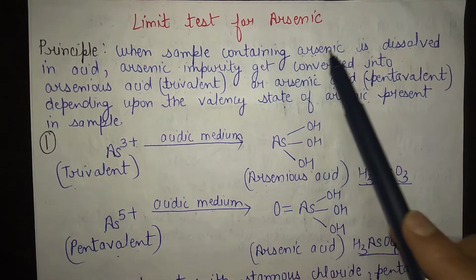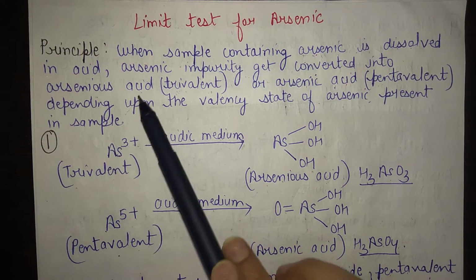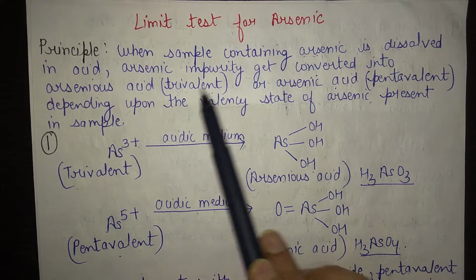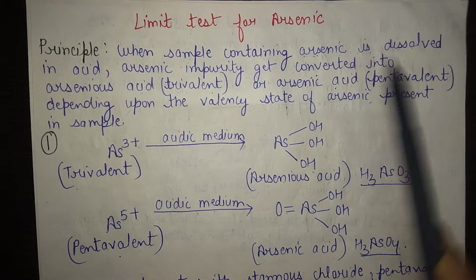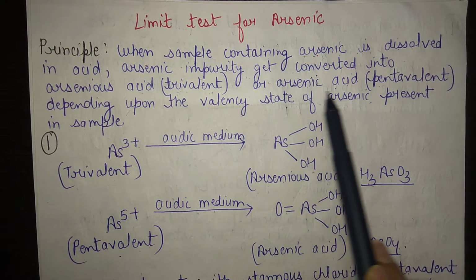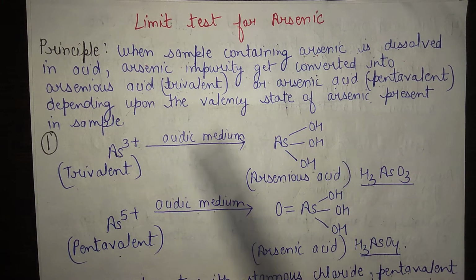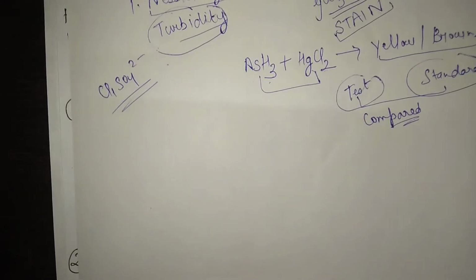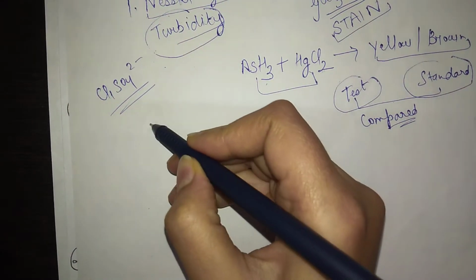When a sample containing arsenic is dissolved in acid, the arsenic impurity gets converted into arsenious acid (trivalent) or arsenic acid (pentavalent), depending upon the valency state of arsenic present in the sample. So what is said here is that in the sample which has the arsenic impurity, arsenic can be in two forms.